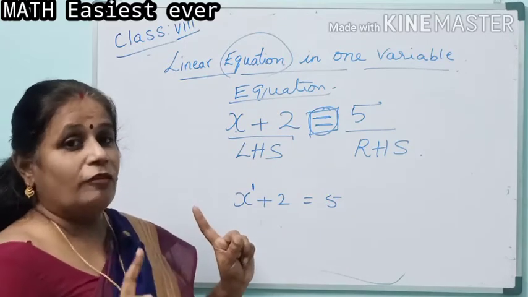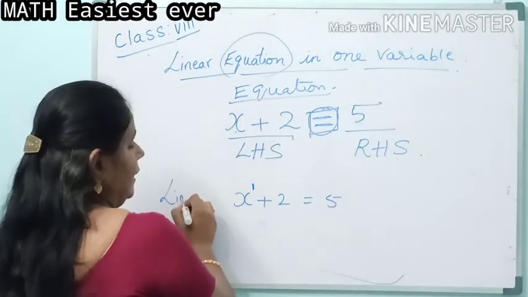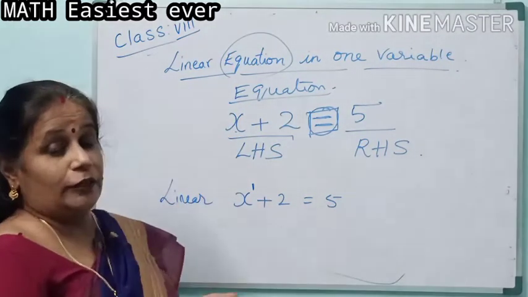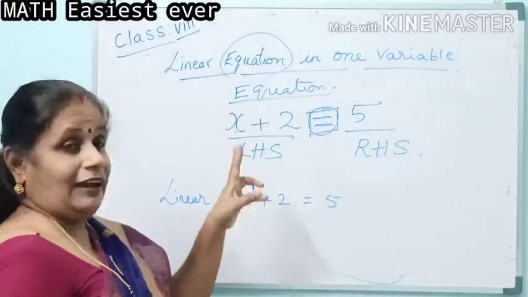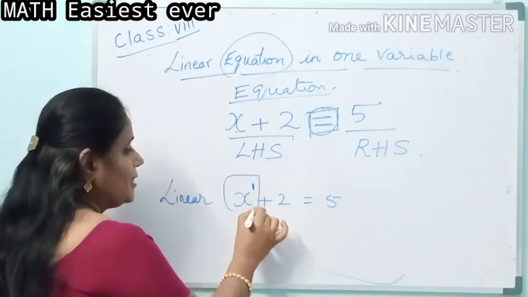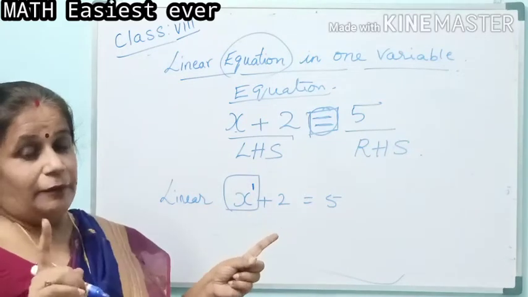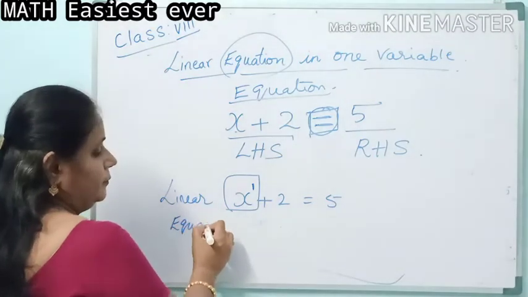If the power of the variable is 1, it is called a linear equation. Very important. You will be learning quadratic equations later. Quadratic means the variable will have power or degree 2. So here the linear equation means the power of the variable is 1.